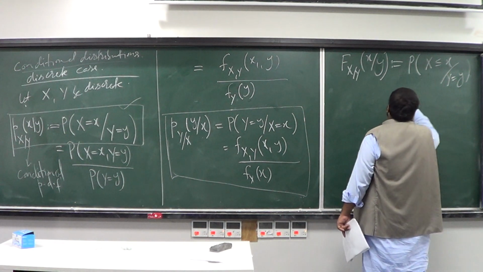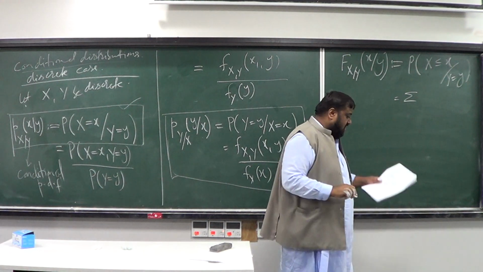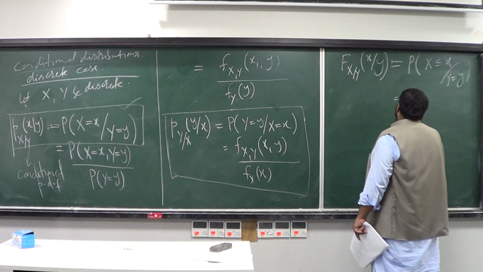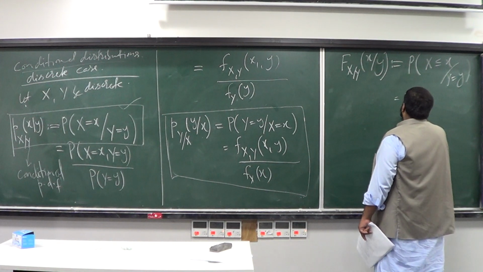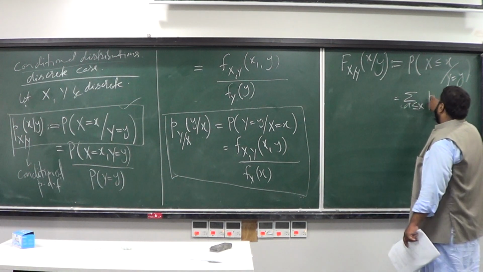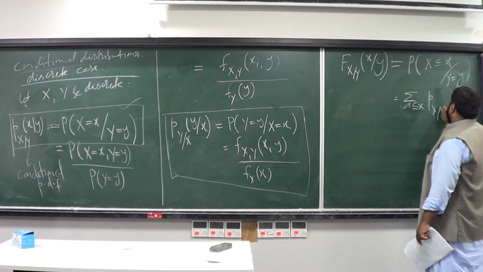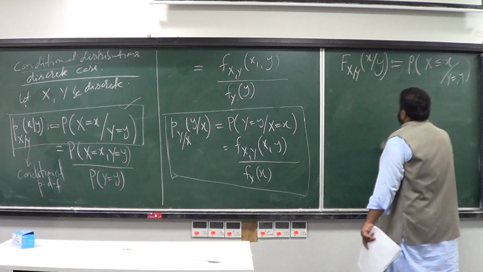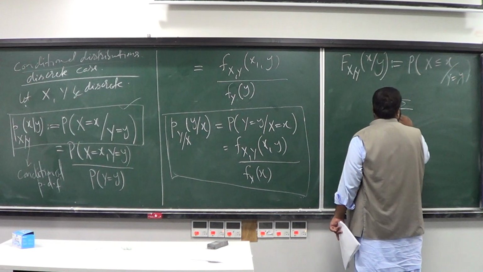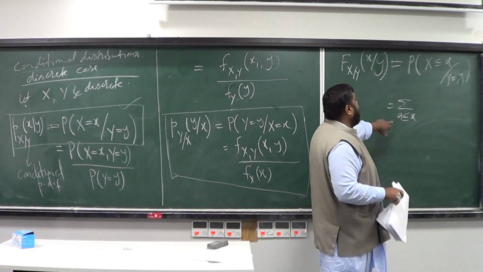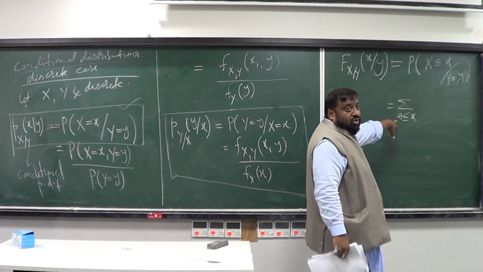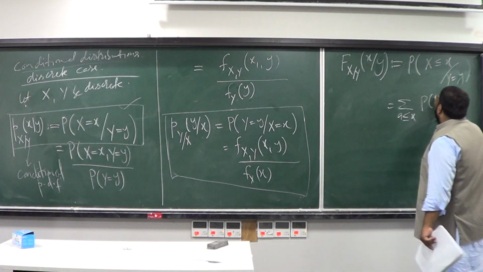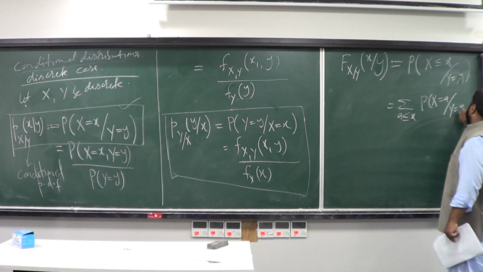So this probability can be computed as the sum of the probabilities over all values a that the random variable X takes which are less than or equal to x, of the probability X equal to a given Y equal to y.